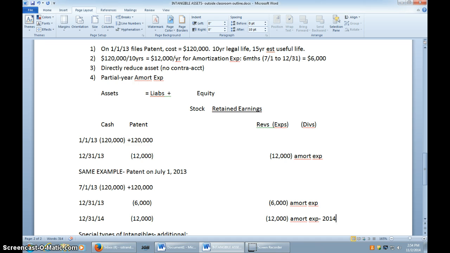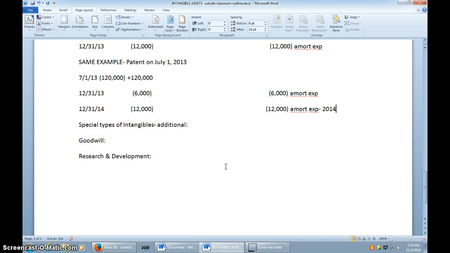And we're going to recognize an expense over the shorter of the legal life or the estimated useful life. In this case, we're choosing the legal life of the asset. So again, very similar to depreciation expense, but simpler in that we don't have to worry about salvage value and we don't have to worry about using a contra account.